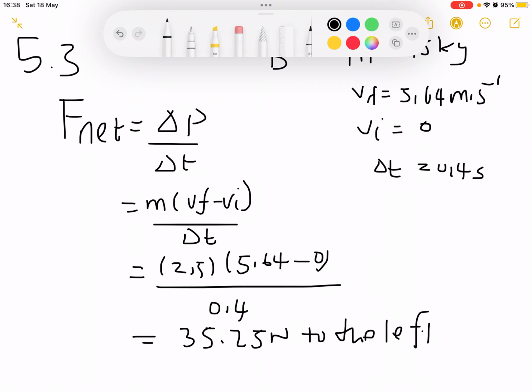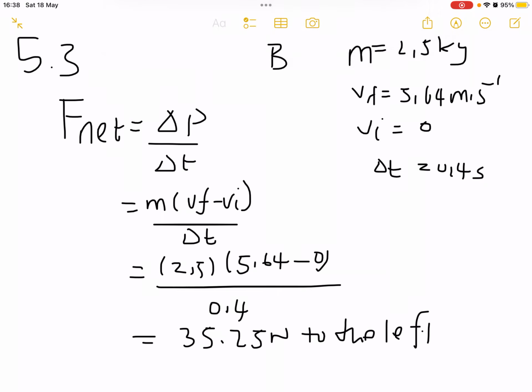That is the force that block A is experiencing, because the question asks for the force that B exerts on A. But we can also use information for A, as what does A feel.